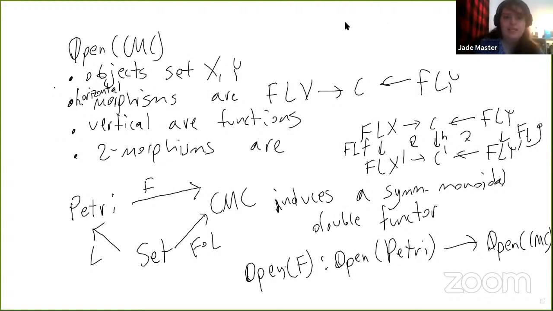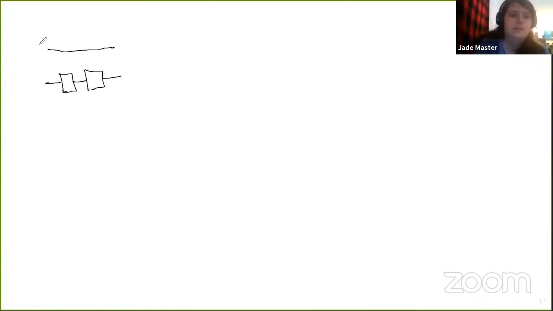Actually, most Petri net people prefer not to use commutative monoidal categories because they do kind of weird things with the processes. For example, you can take a bunch of morphisms like this. Here's a string diagram. This is 1 on y, and maybe this is x, and maybe this is also x and also x.